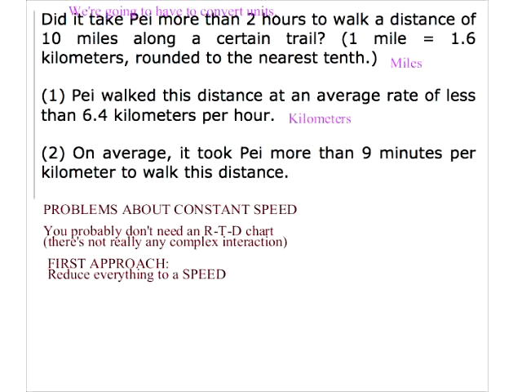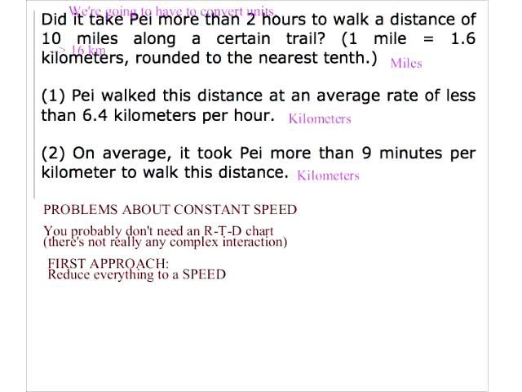So it might be easier to just convert the miles into kilometers, because then you only have to do it once. If you're going to go kilometers to miles, you'd have to do it twice. You'd have to do both of the statements. So it's probably easier to do miles. So that's 10 miles is 16 kilometers. It's just 10 times 1.6.